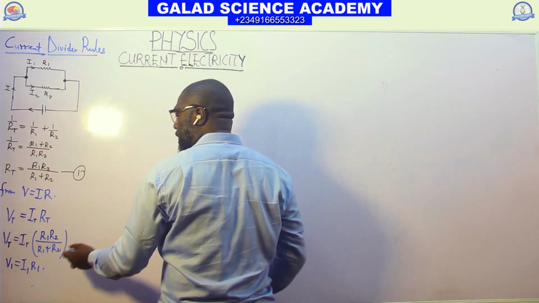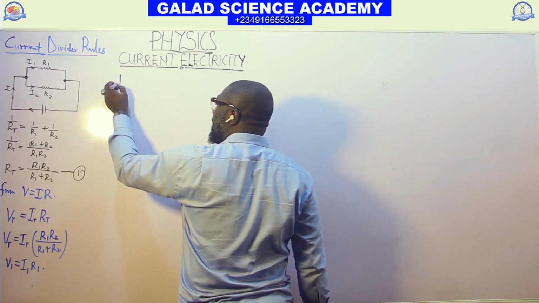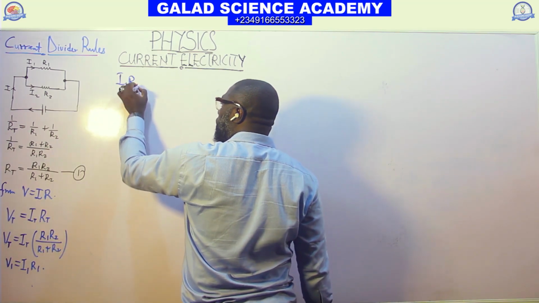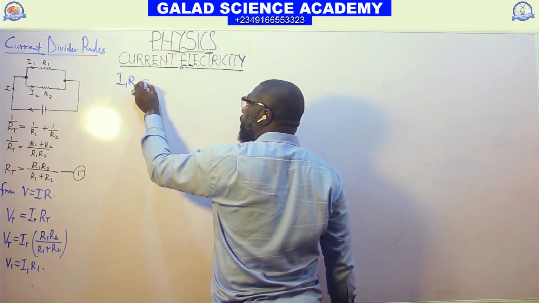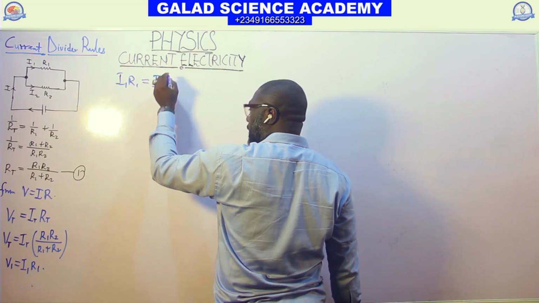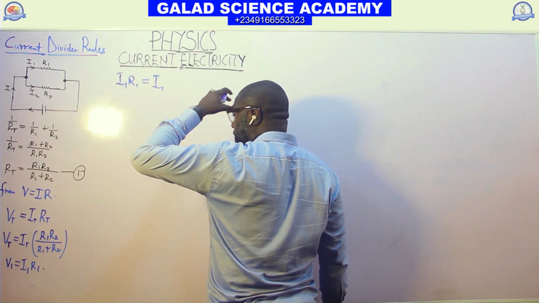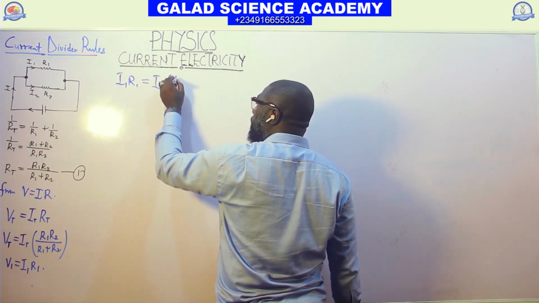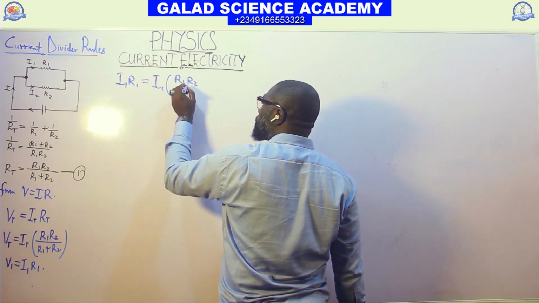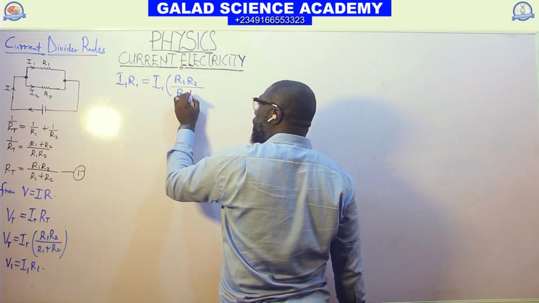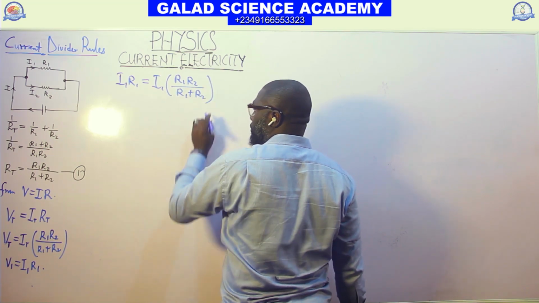So by putting it there, I1 R1 will be equal to the total current into bracket R1 R2 over R1 plus R2. This is the total current. We are looking for the current dividing at R1.